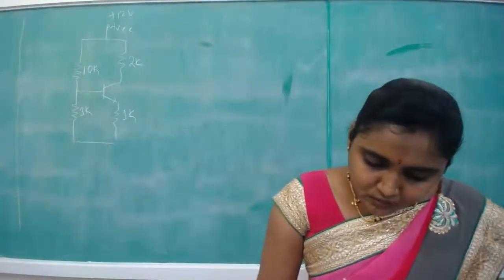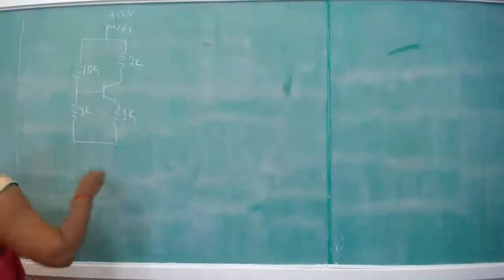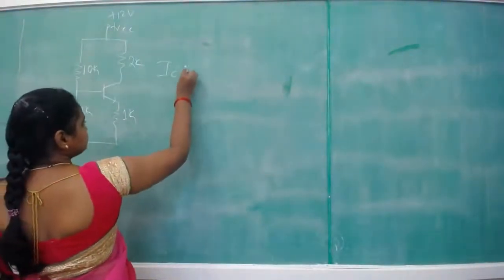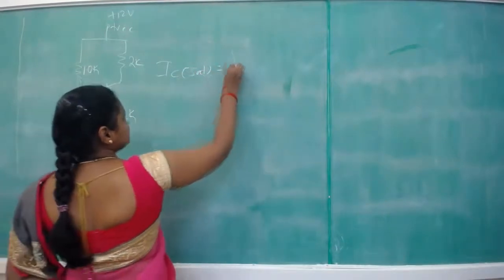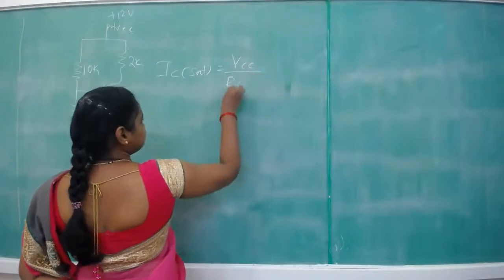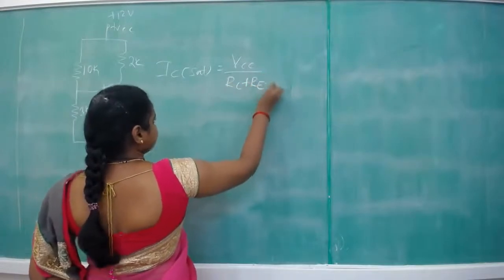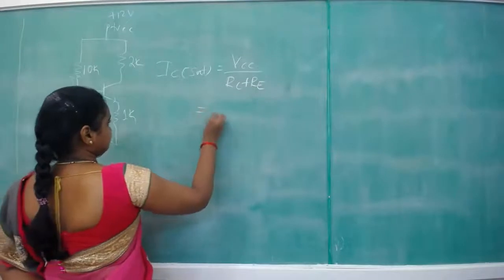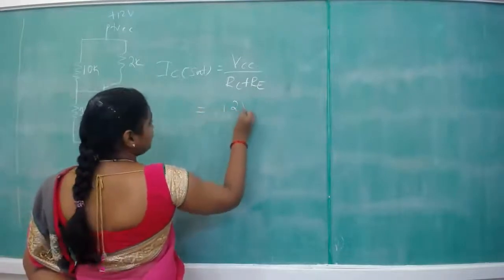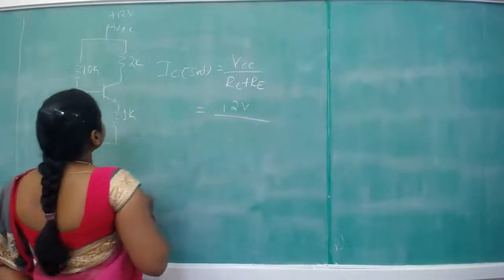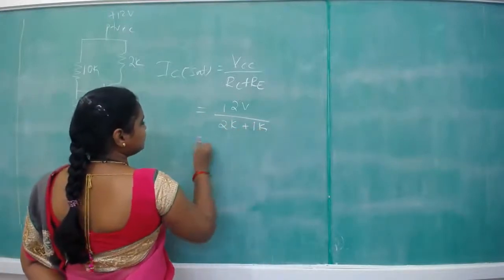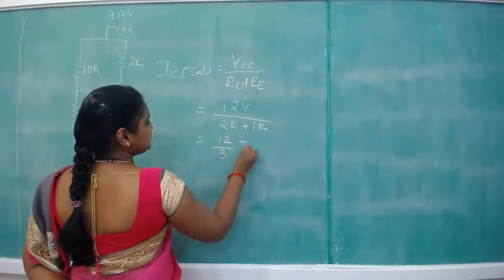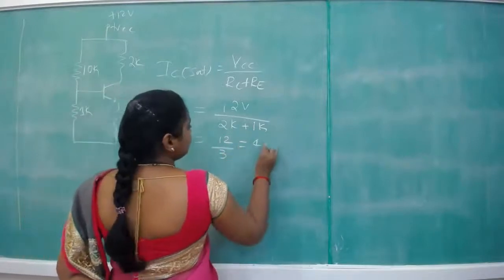Find the endpoints of the load line. So the endpoints: IC saturation is equal to VCC by RC plus RE, that is 12 volts divided by 2K plus 1K, that is 12 by 3, which is equal to 4 milliamperes.